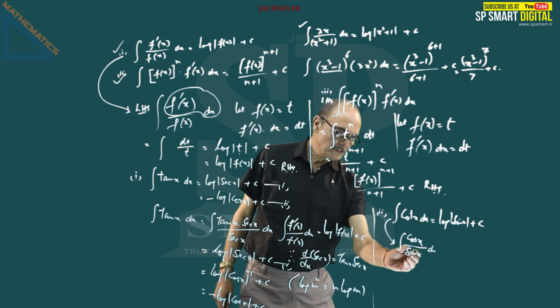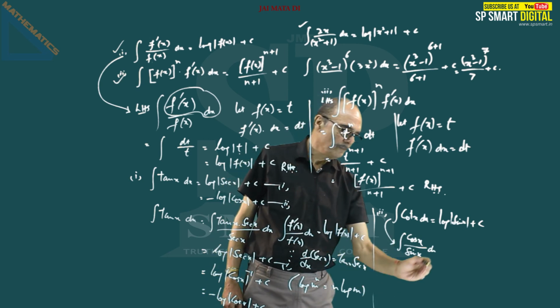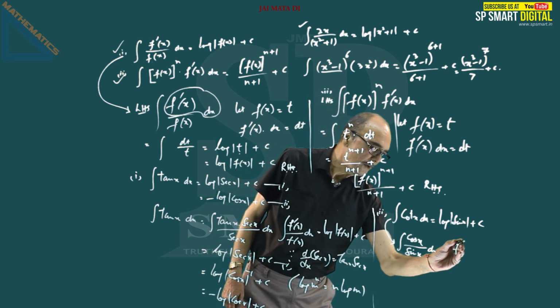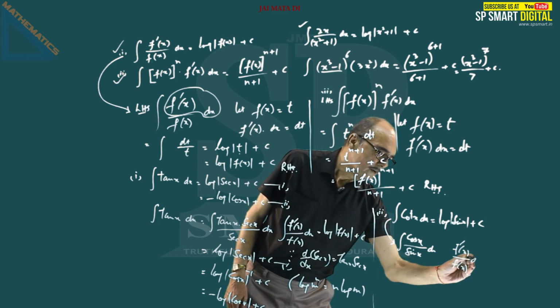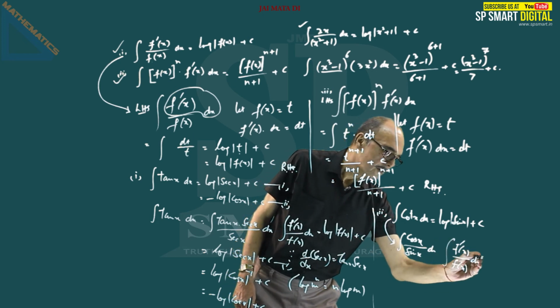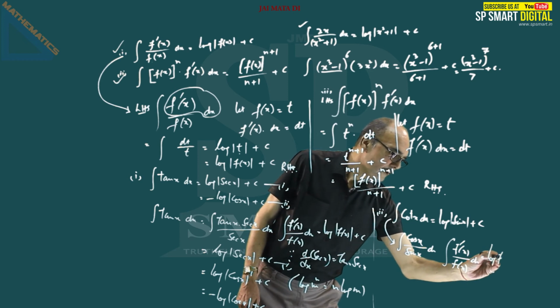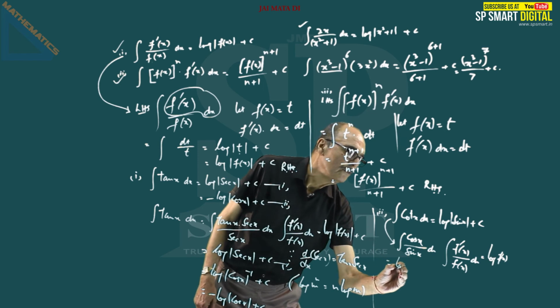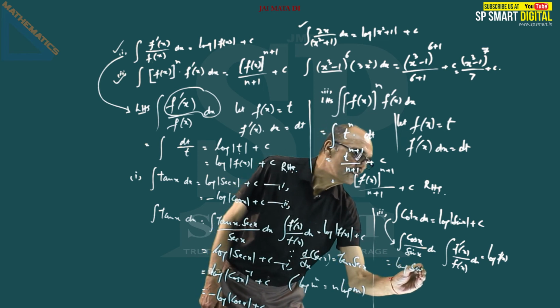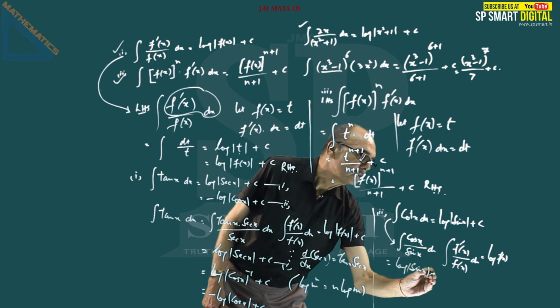Now, derivative of sin x is cos x. Apply the same formula, integral of f dash x upon f of x dx as log of f of x. Of course, this is log of sin of x plus constant c.